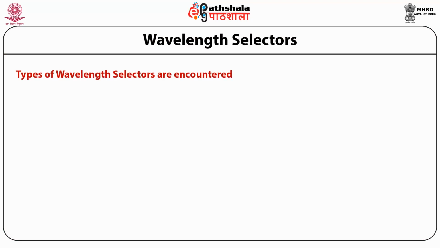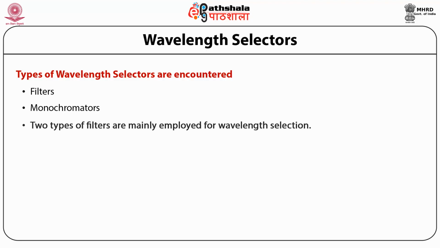Types of wavelength selectors. There are various types of wavelength selectors, and the most commonly known are filters and monochromators. Two types of filters are mainly employed for wavelength selection. One is called the interference filter and the other is called the absorption filter.